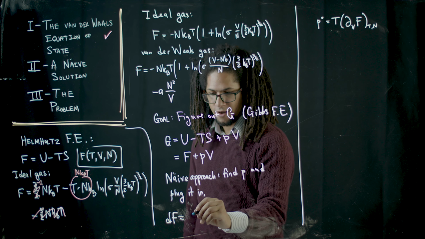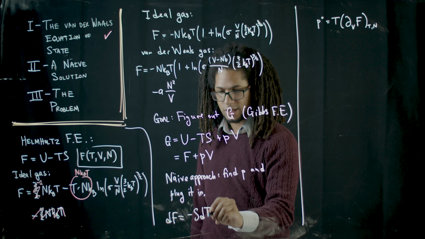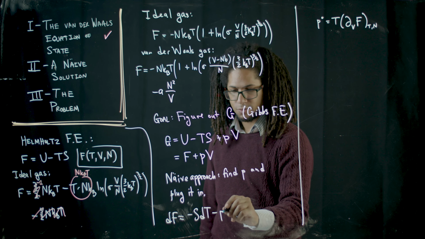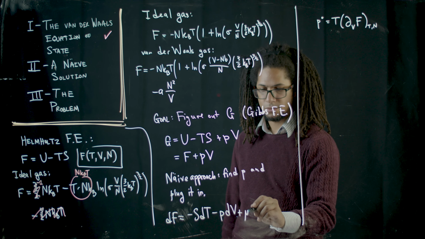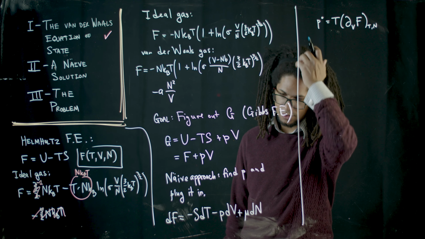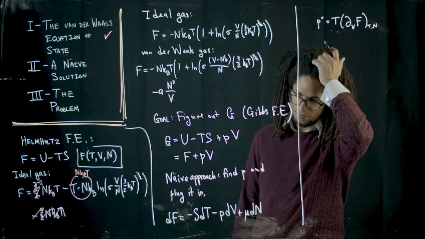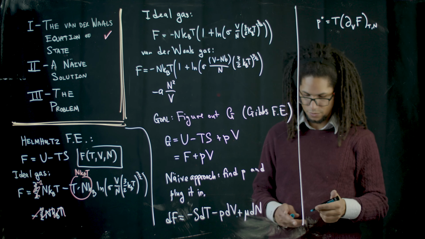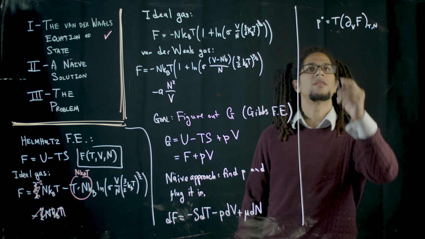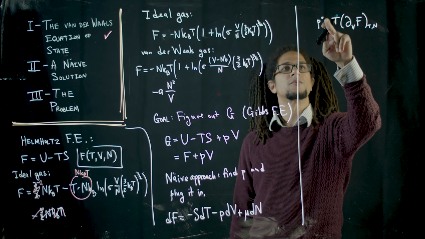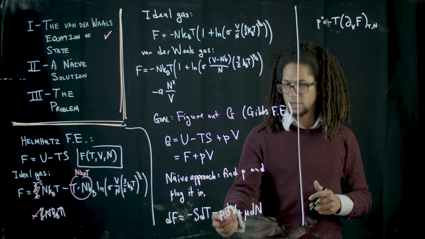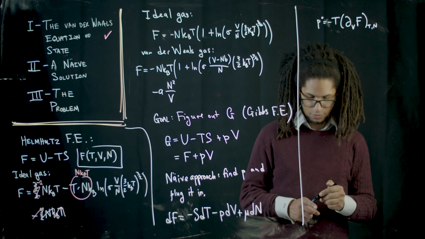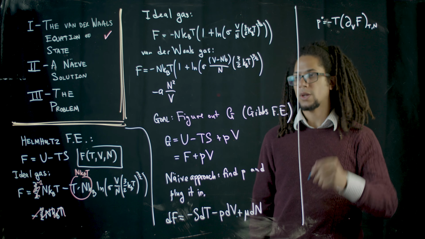So dF is minus S dT minus P dV plus mu dN. Oh, and there should be a minus sign in here, because of this minus sign here. Okay, so let's do it.